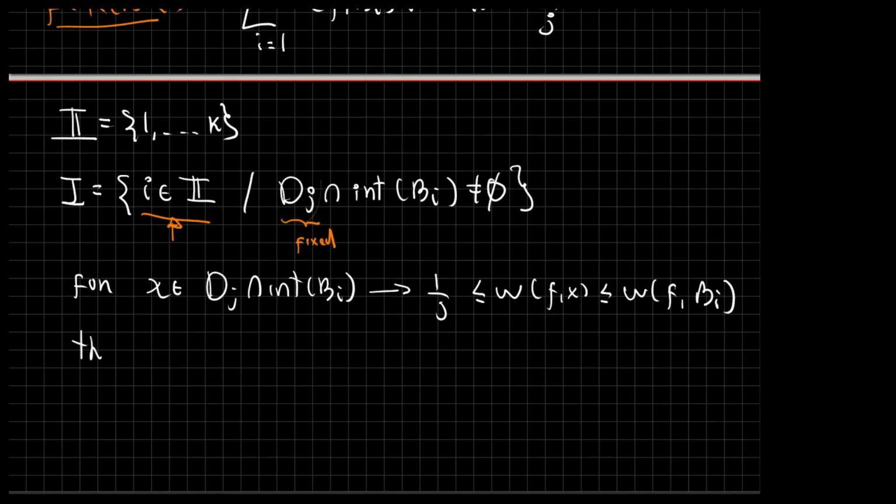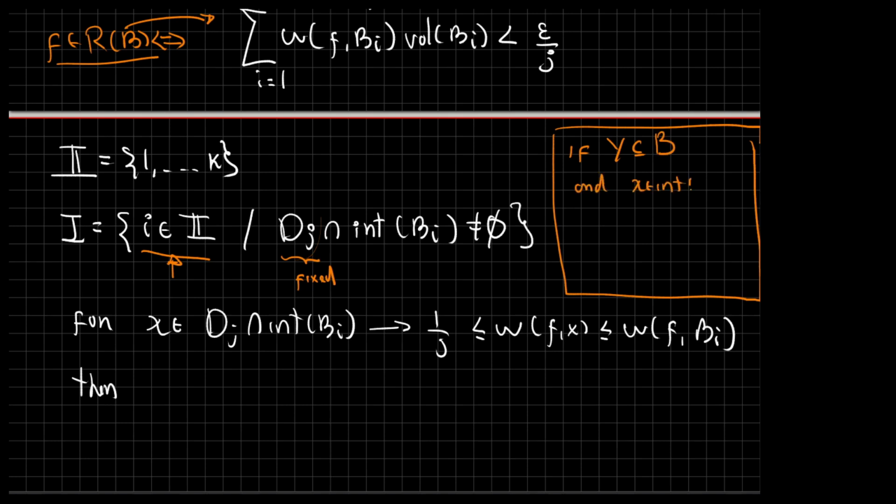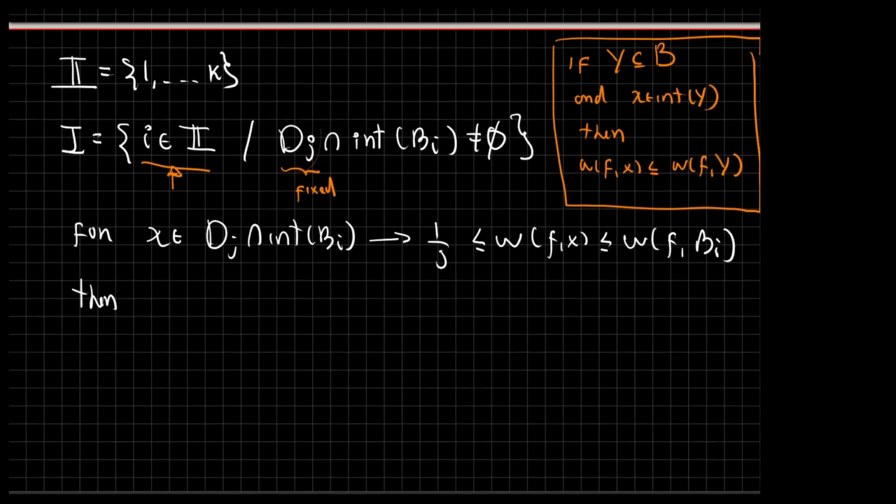Perhaps I need to highlight that property. Let me write it here. If J is a subset of B and X is in the interior of J, then the oscillation of X is less or equal than the oscillation of Y. There is a property: given that we are in the interior of this subblock, then it holds.